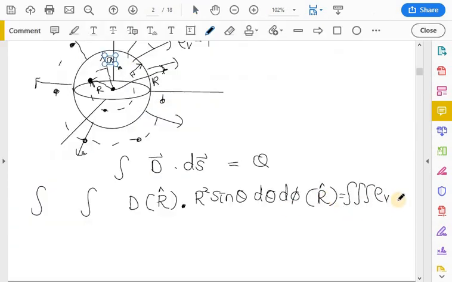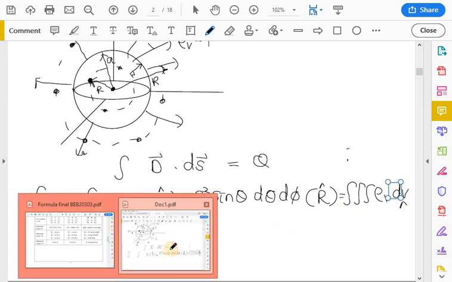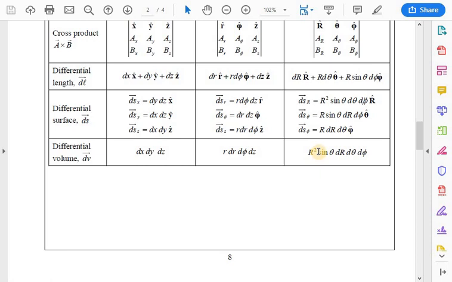There is not enough space, so I will put it here. R squared, I think here also not enough. Never mind, I will just put dv first, and then I will rewrite it. If you have enough space, you can insert this one: R squared sine theta dr d theta d phi.